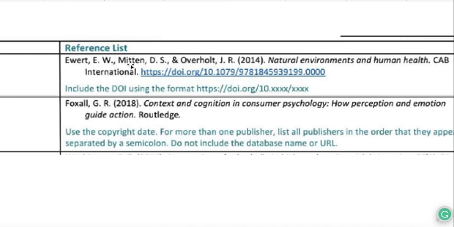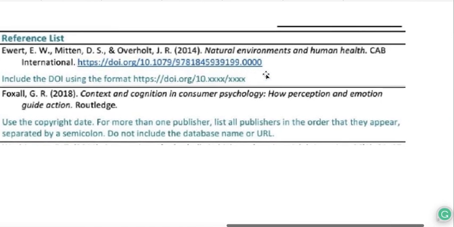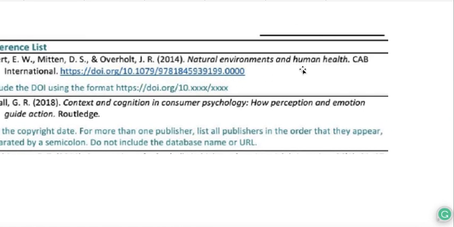So in this way we should write the last names of all the writers, followed by the year in which the book has been published, and later on the title of the book, and that title is italicized. So in the case of books, the title is to be italicized, with neither inverted commas nor capital letters.